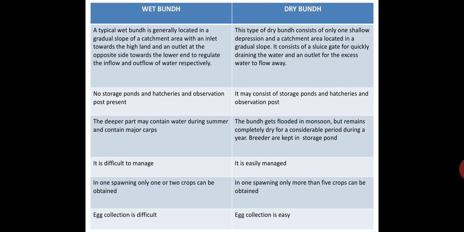In a dry bund, in one spawning, more than 5 crops can be obtained. Egg collection is difficult in the case of wet bund, whereas egg collection is easy in the case of dry bund. So this is the major difference between wet bund and dry bund.